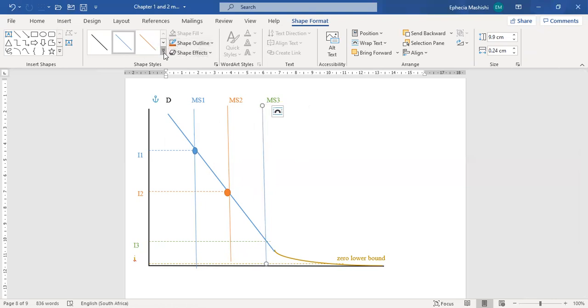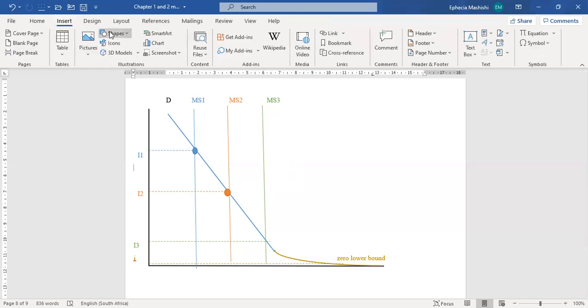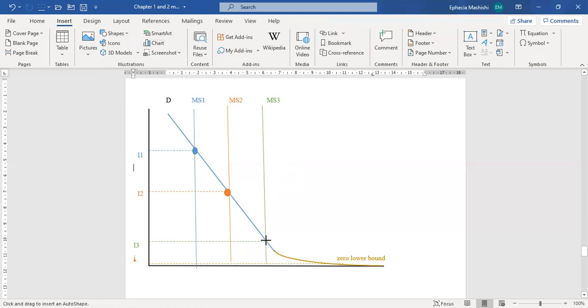The central bank increases the money supply again, and again the interest rate drops from I2 to I3.